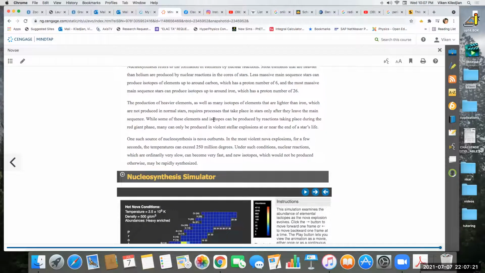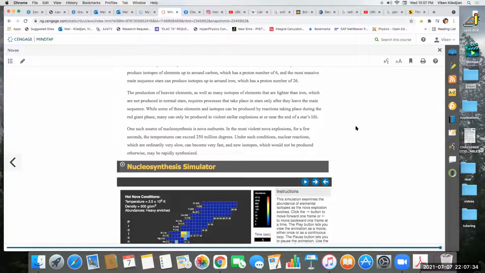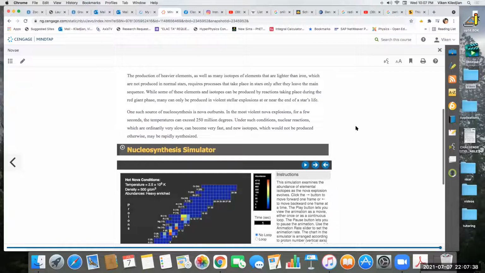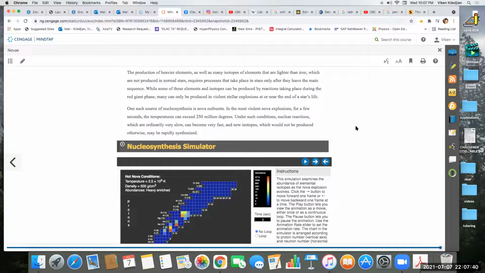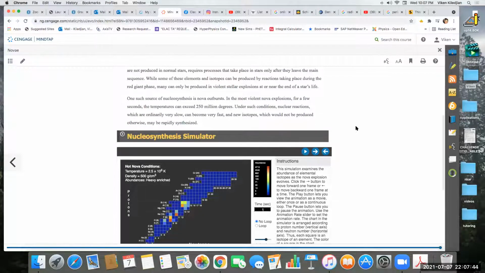While some of these elements and isotopes can be produced by reactions taking place during the red giant phase, many can only be produced in violent stellar explosions at or near the end of a star's life. One such source of nucleosynthesis is nova outbursts. In the most violent nova explosions, for a few seconds, the temperatures can exceed 250 million degrees.